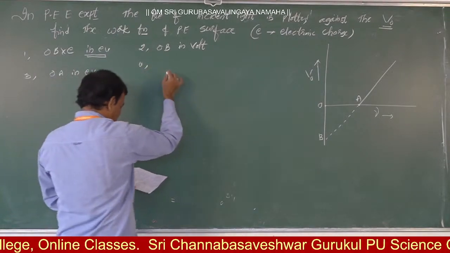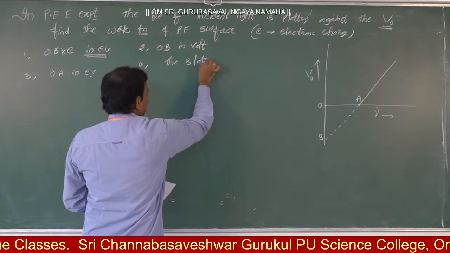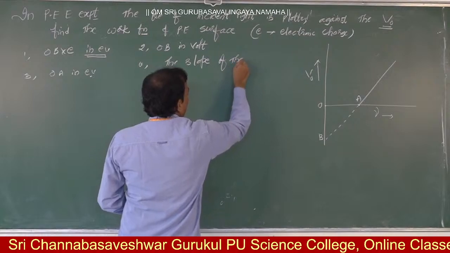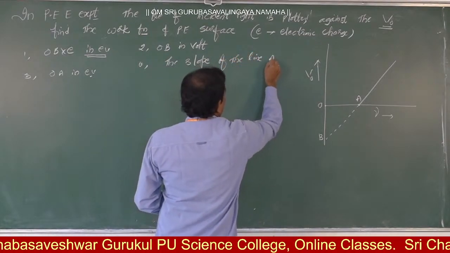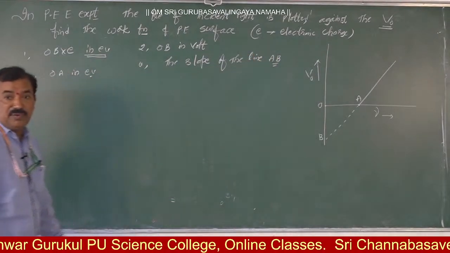Fourth one is the slope of the line AB. This is a previous NEET question.